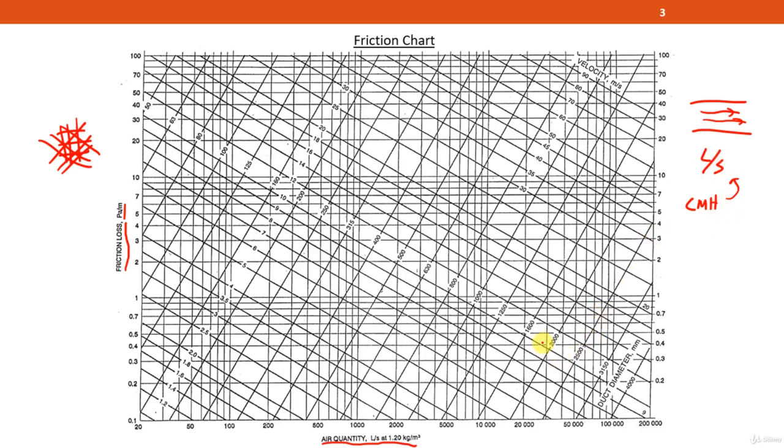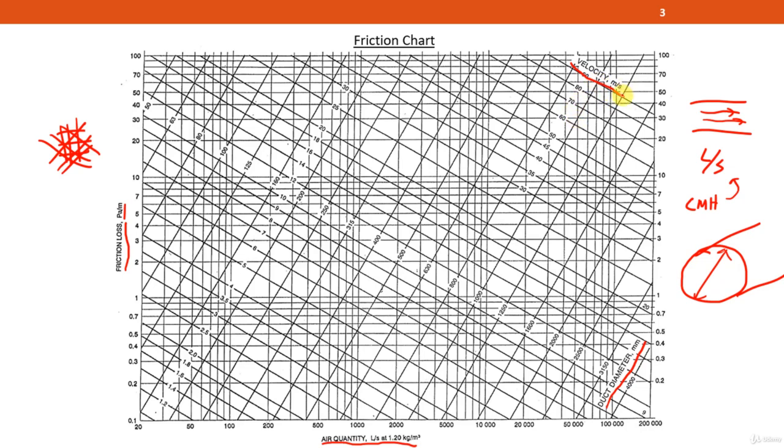Next, one of the diagonal lines is the duct diameter. With a certain friction loss and a certain airflow quantity, you will be able to get an equivalent round duct diameter that is able to transport the amount of air that you require. And the other slanted line is the air velocity.